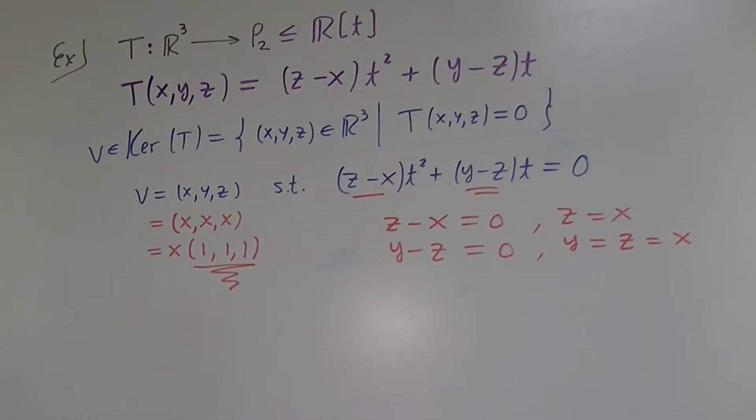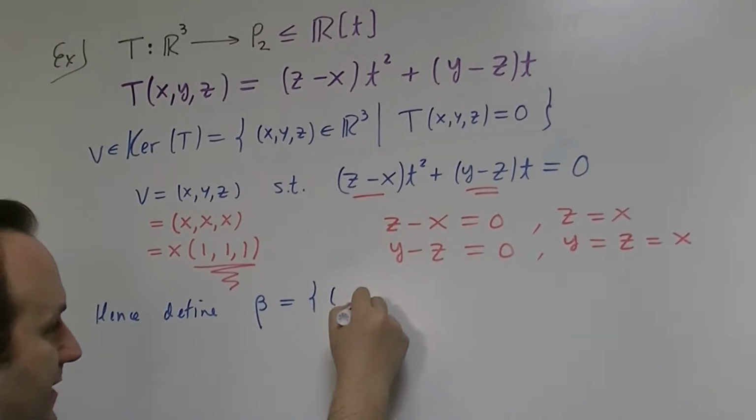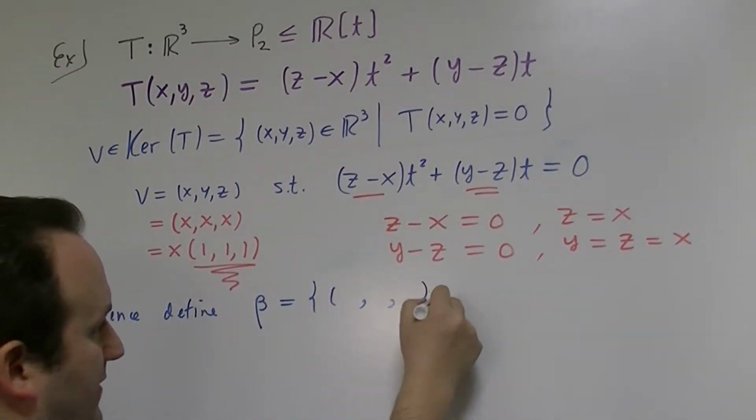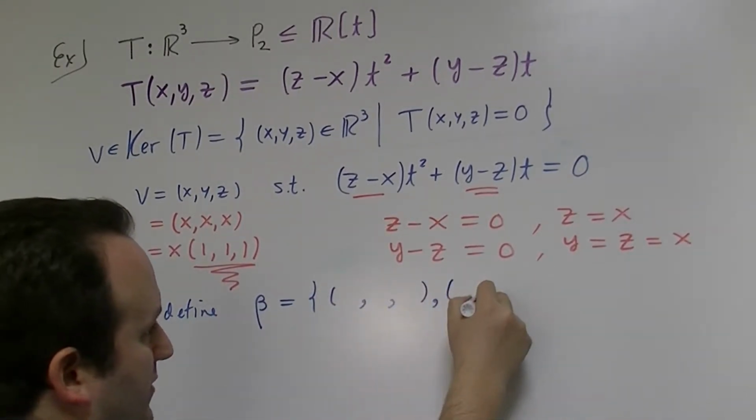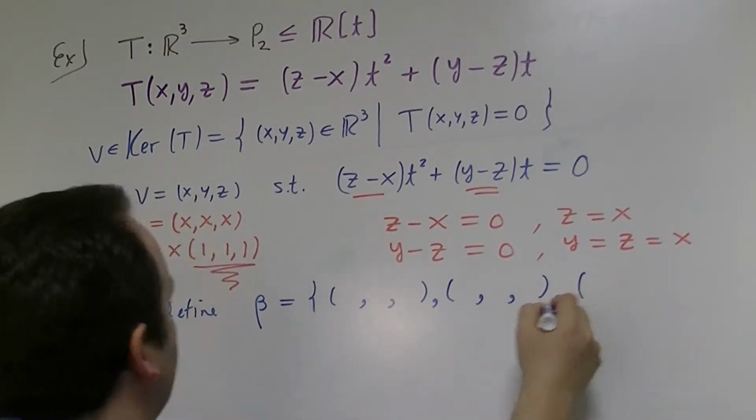Okay, so following the theorem we just went through, I will define beta, and I'm going to leave slots here. We'll fill in the blanks: blank, comma, blank, comma, blank, and then the thing I know.